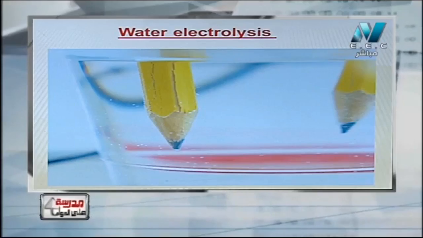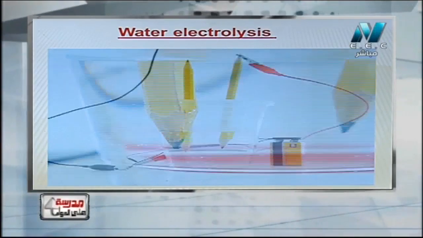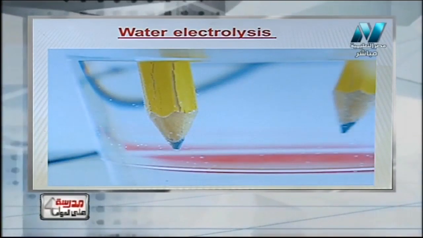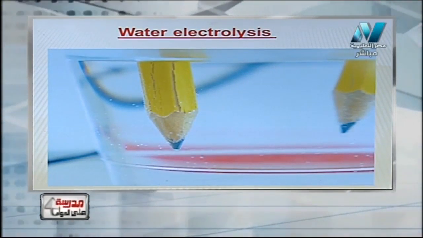We have an apparatus or device used for this electrolysis. It is known as the Hoffman voltameter. What is the Hoffman voltameter? It is the device used to electrolyze the water. Okay, let's see the next slide. This is the Hoffman voltameter, as we see.